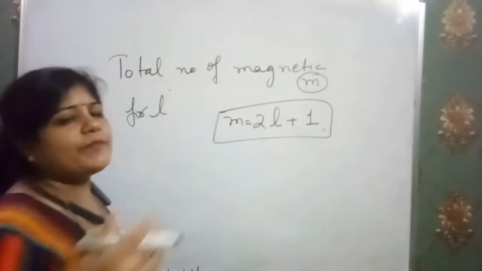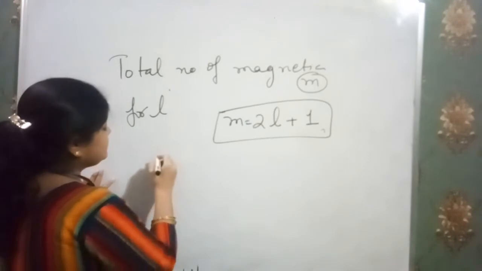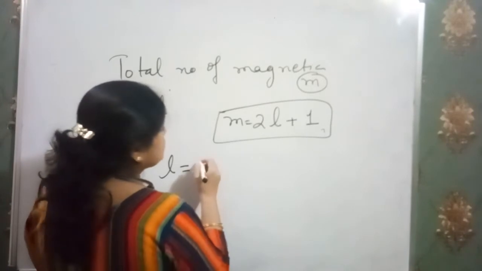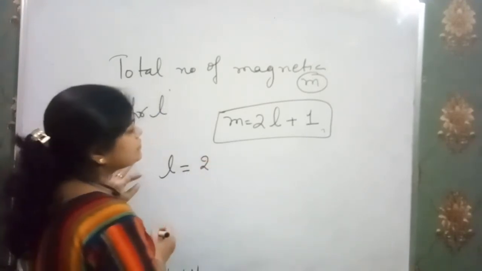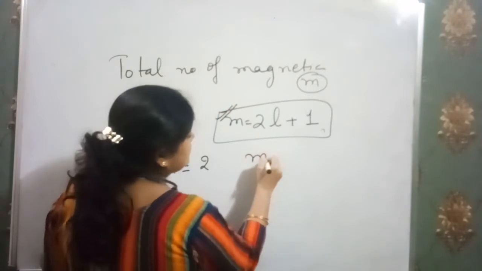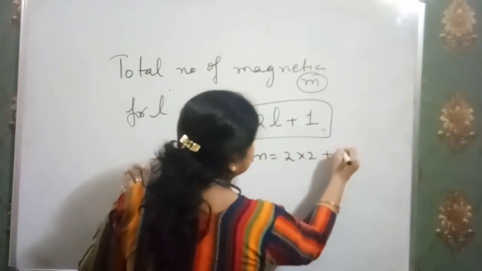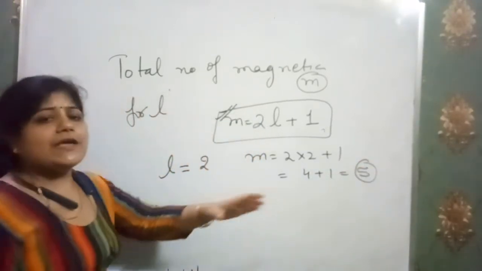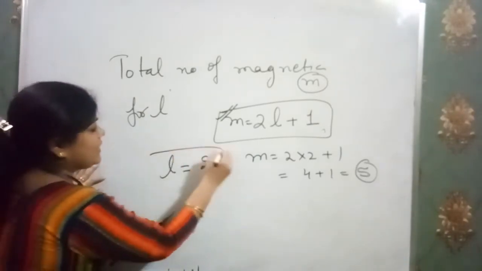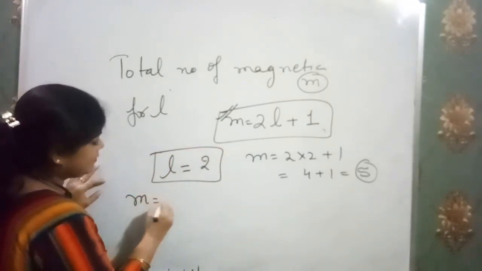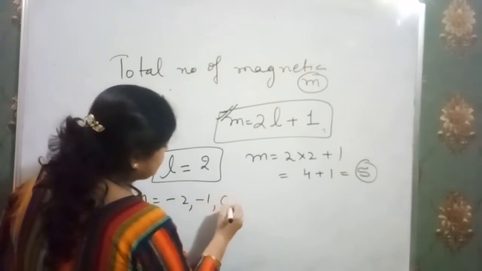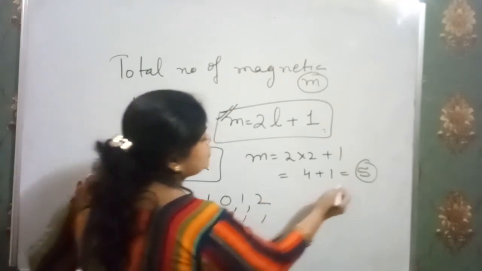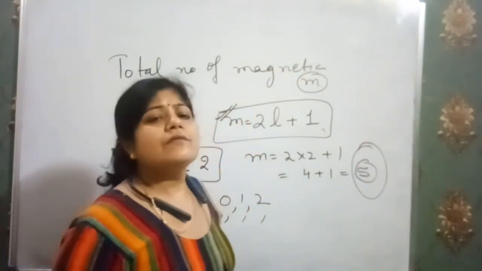It is the total number of magnetic quantum numbers. For example, it is given that l is equal to 2. Then the total number of magnetic quantum numbers is 2 into 2 plus 1, that means we have 5 magnetic quantum numbers. We can see it in detail: if l is equal to 2, the magnetic quantum numbers are -2, -1, 0, 1 and 2. So we have 1, 2, 3, 4 and 5. So the total number of magnetic quantum numbers is 5.